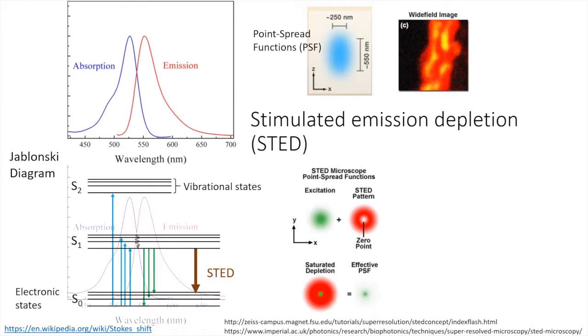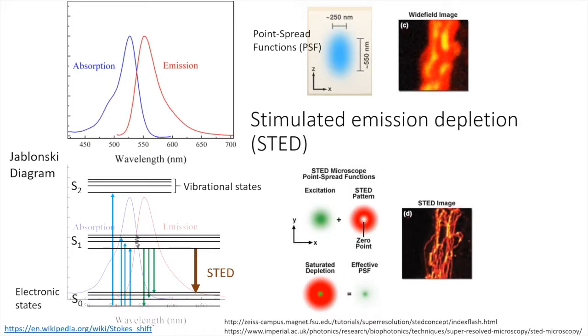So it will only deplete the fluorescence around this excitation beam. After these two overlap, you can get the point spread function to be much smaller. So in this case, you can have a much clearer image compared to the original image.